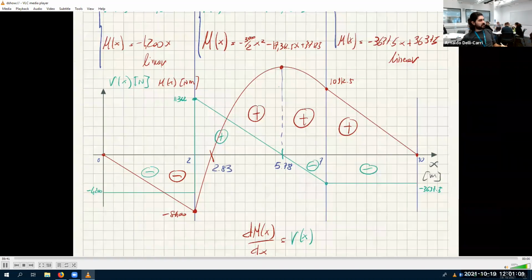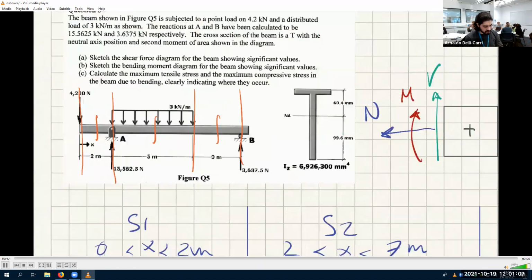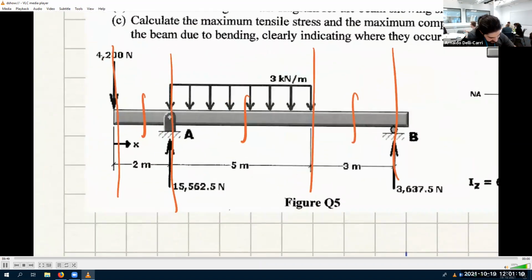And we know that the beam is frowning until 2.83 and then starts smiling. So if we look at this deflected shape, we said it's frowning until 2.83. So after this point, so this is still frowning.